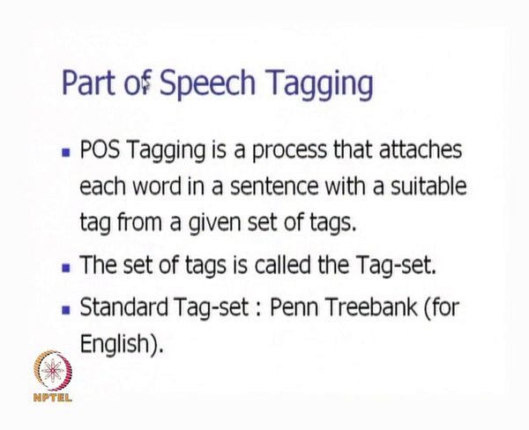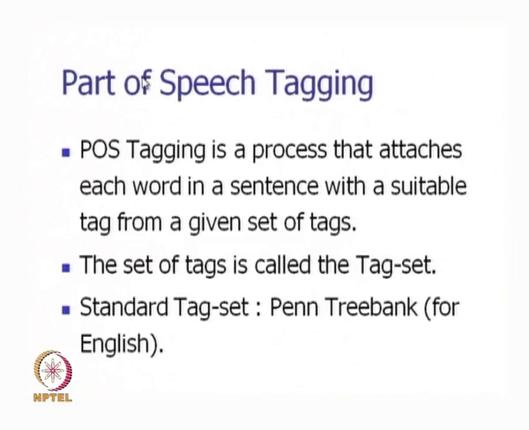All right. So, as is shown in the slide now, part of speech tagging is a process that attaches each word in a sentence with a suitable tag from a given set of tags. The set of tags is called the tag set, and one of the very standard tag sets is the Penn Treebank, which we show in the next slide. But before that, just some small remarks.